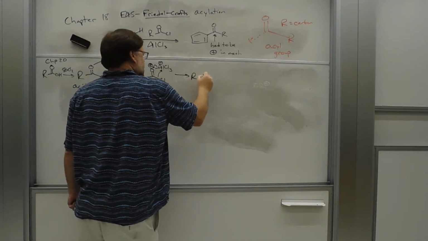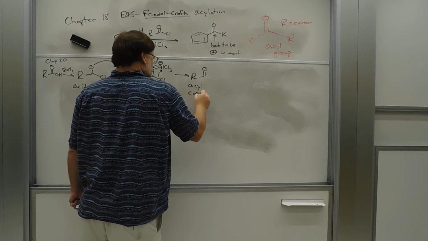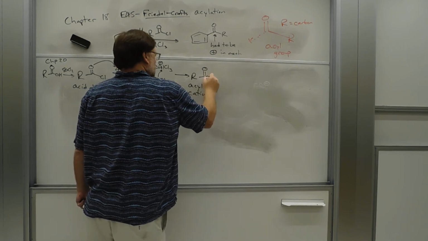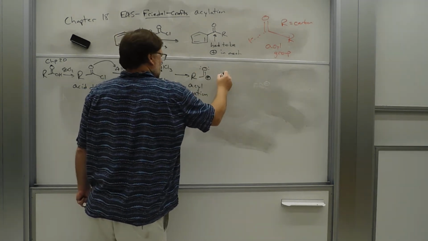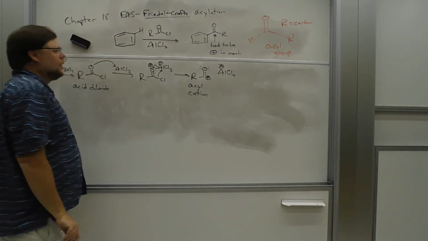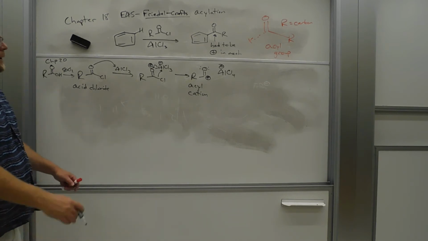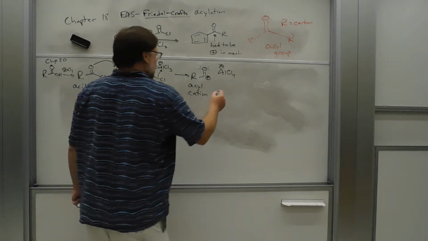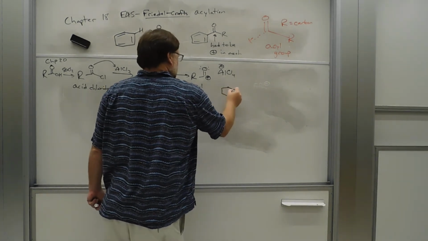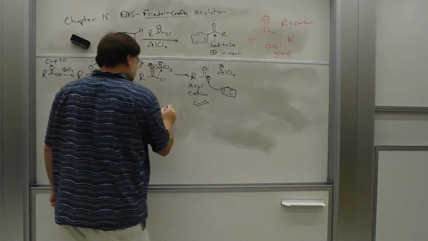to an acyl cation and aluminum tetrachloroaluminate, some inorganic thing. And now you've seen this drill a number of times at this point. The benzene attacks the acyl cation.